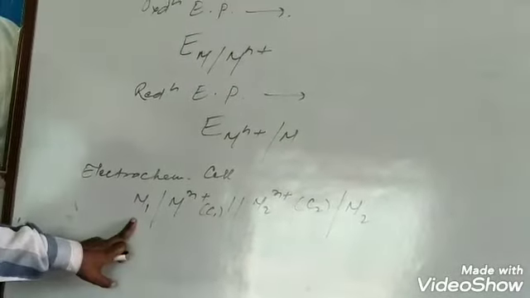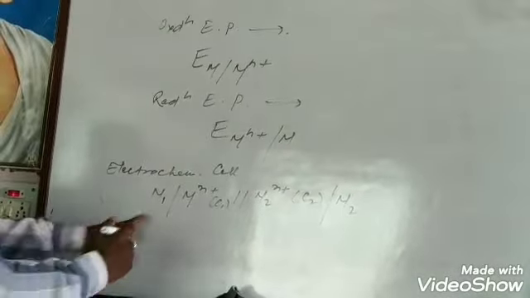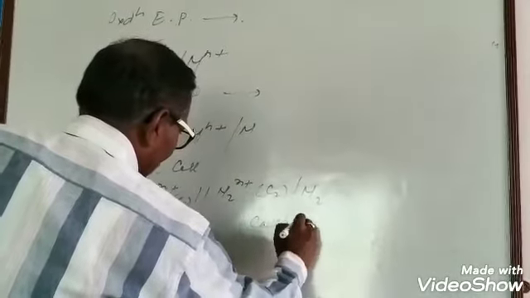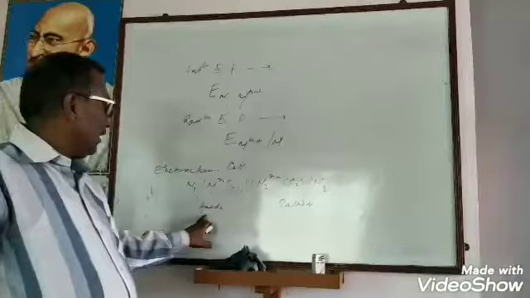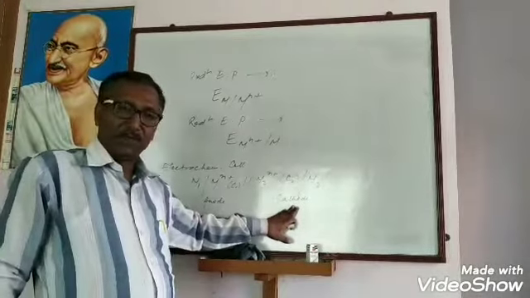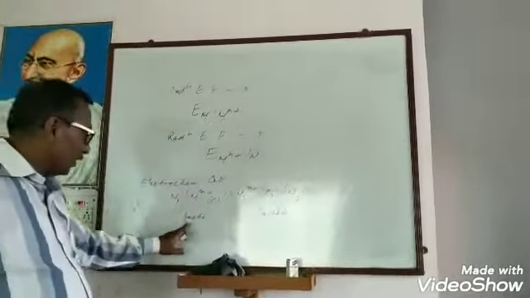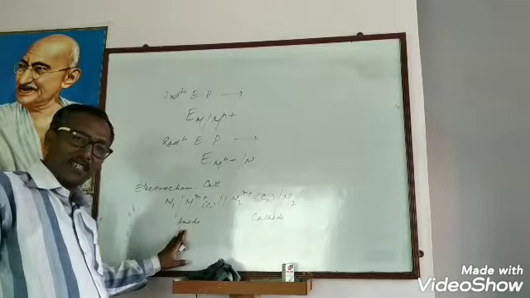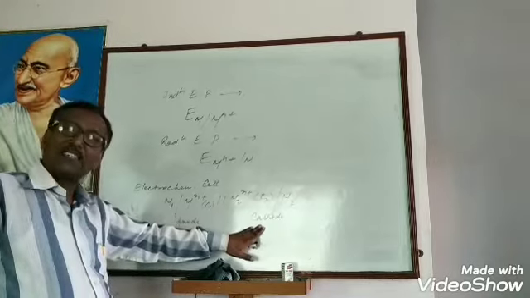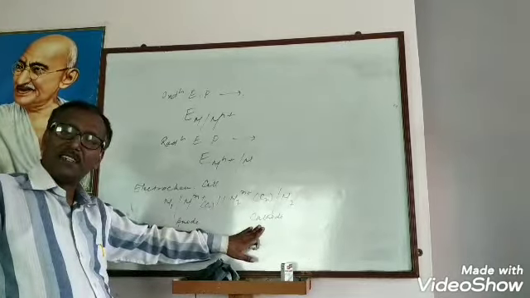So left hand side represents anodic compartment and right hand side represents cathodic compartment according to the international convention. That means anode is always kept on the left side and cathode is kept on the right side.